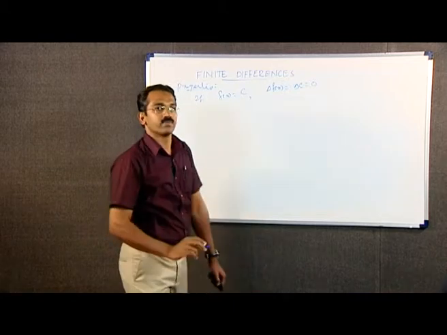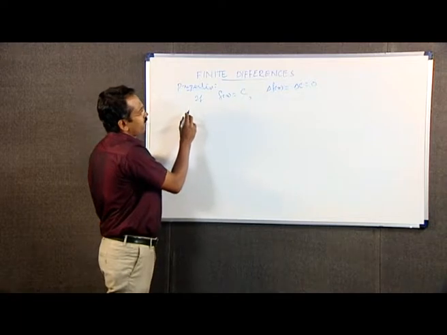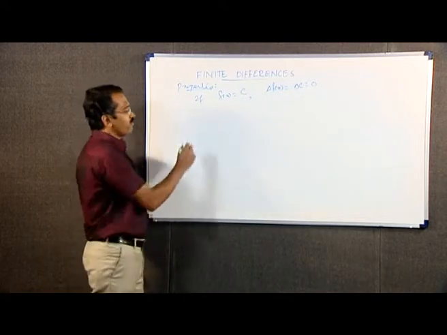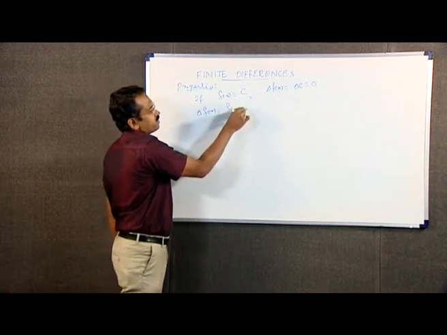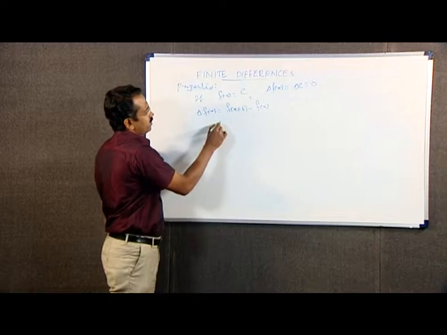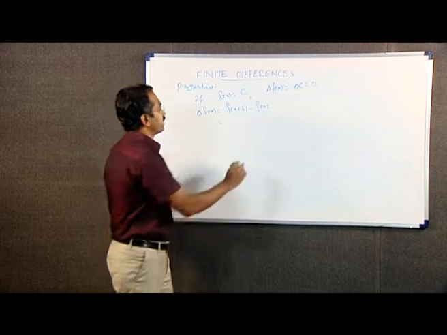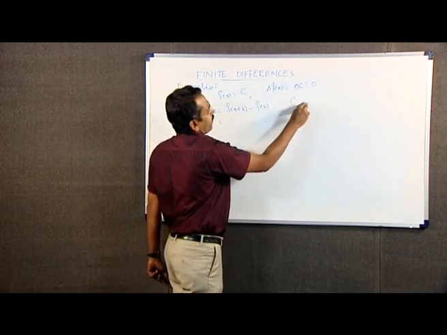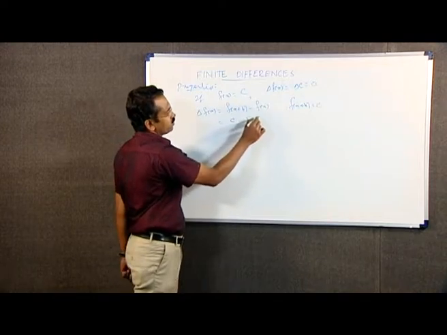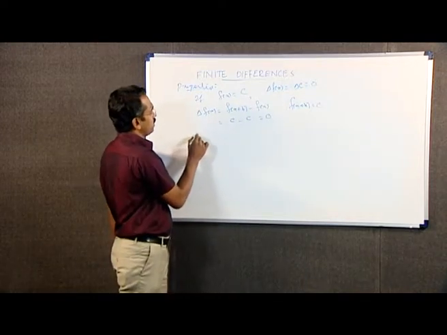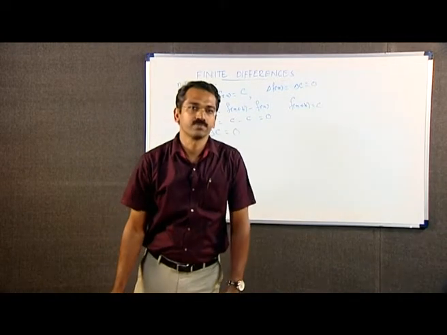By definition, we have delta f of x is equal to f of x plus h minus f of x. Since f of x is a constant function, f of x plus h is also equal to c. Therefore, this is c minus c, equal to 0. That is delta c equal to 0, where c is a constant.